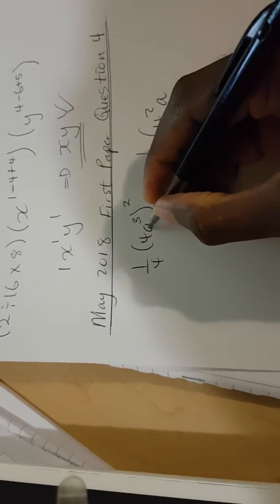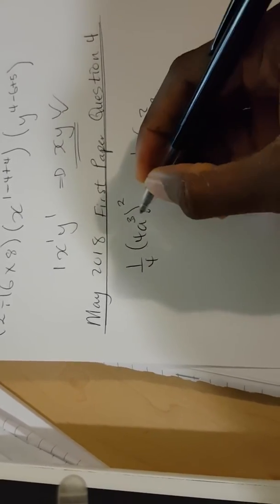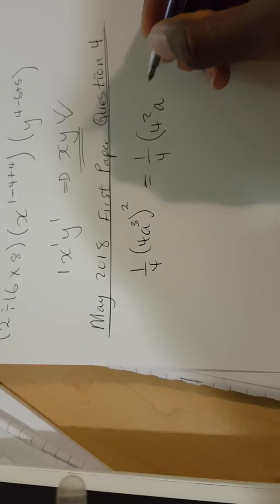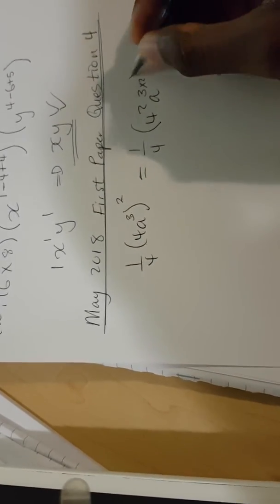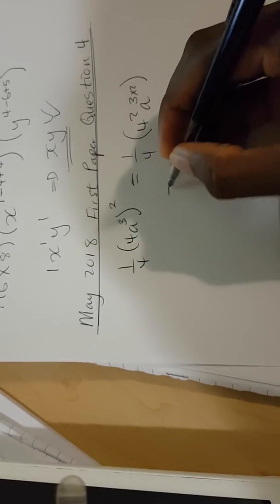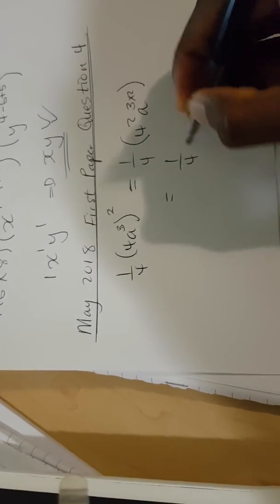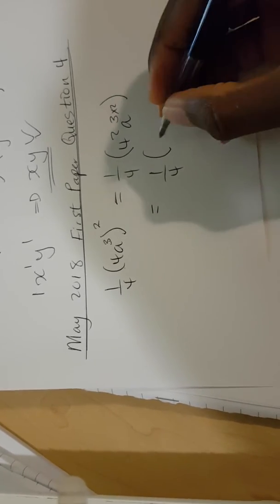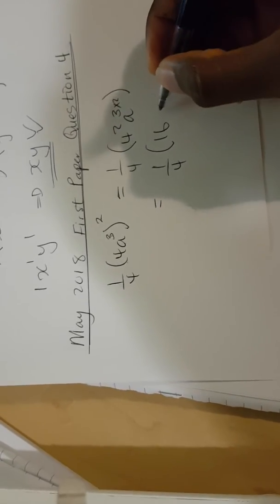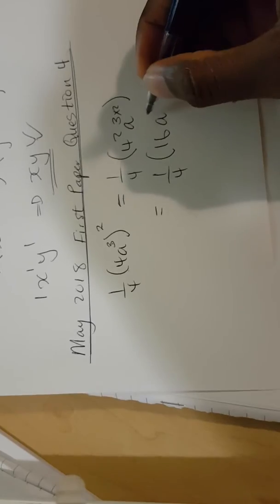So for a cubed, we multiply the 3 by 2. So we're going to get 1/4 bracket, 4 to the power of 2 is 16, a to the power of 6, close the bracket.